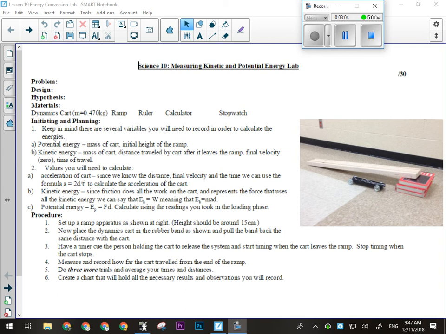Now, in terms of controlled variables, one of the most important controlled variables in this lab is not something we're actively controlling, but it's also something that's not going to change, hopefully, throughout the lab. It's something we're depending on in order for the cart to move from the top of the ramp to the bottom of the ramp.